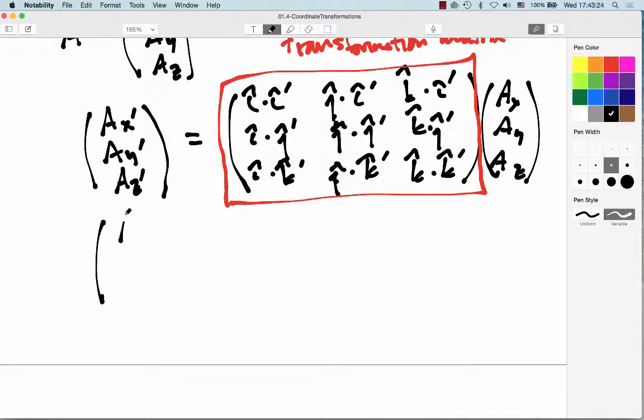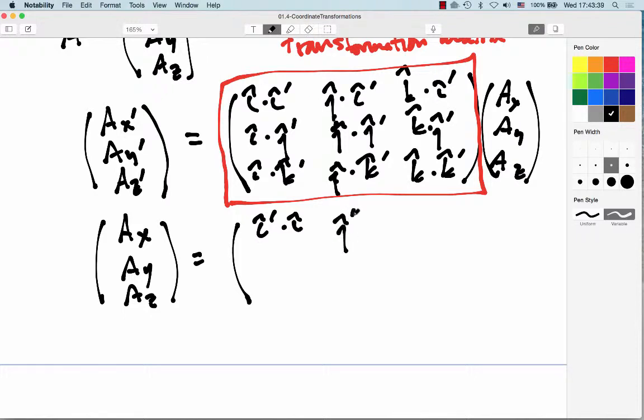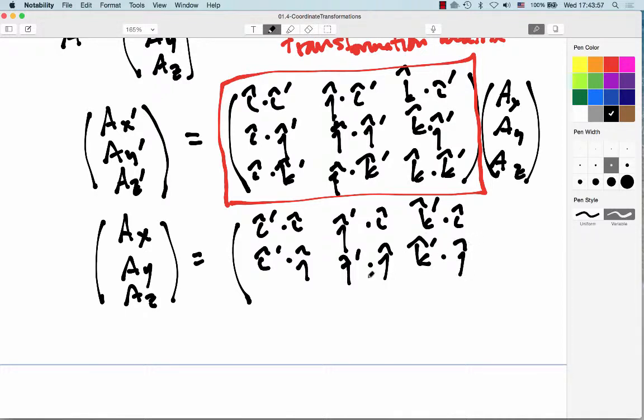So I'll leave it as an exercise for you to convince yourself that if I knew it in the primed coordinate system, and needed to go to the unprimed, this would be i prime dot i, j prime dot i, k prime dot i, i prime dot j, j prime dot j, k prime dot j, i prime dot k, j prime dot k and k prime dot k.